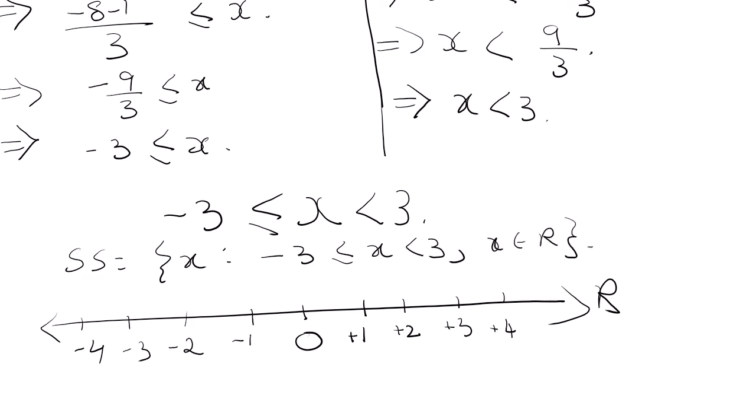Okay, so now minus 3 to plus 3. So from here, now here it is equal to is there, whereas in plus 3 there is only less than. Okay, so hollow, and here this is how you have to shade.